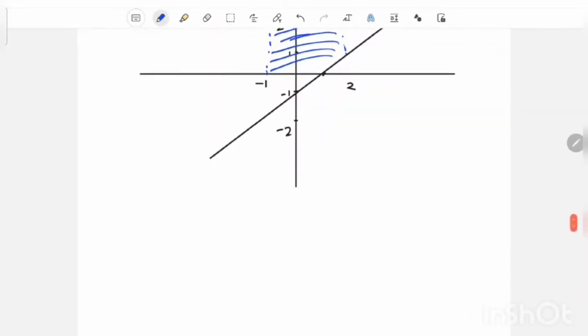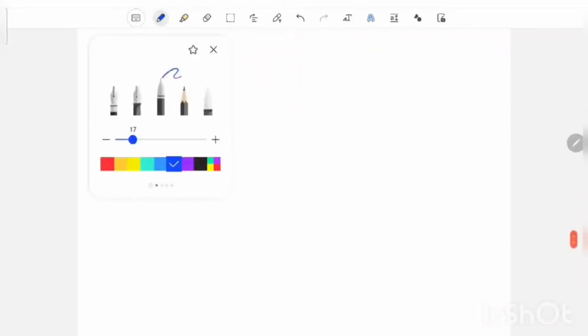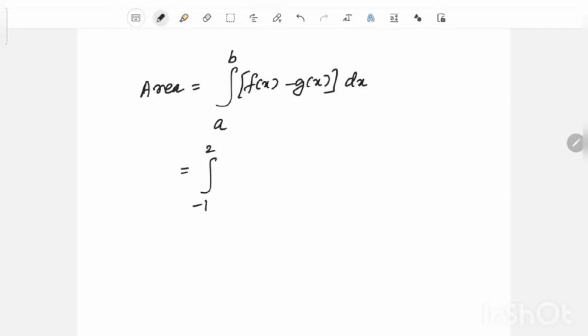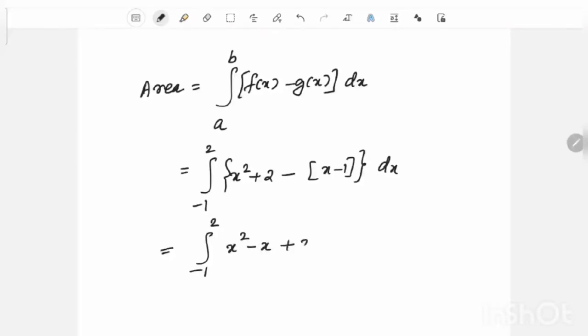Now the area A is equal to integral a to b f of x minus g of x dx, which is integral minus 1 to 2, since the region lies between x equals minus 1 and x equals 2, of x square plus 2 minus x minus 1 dx. So integral minus 1 to 2 of x square minus x plus 3 dx.